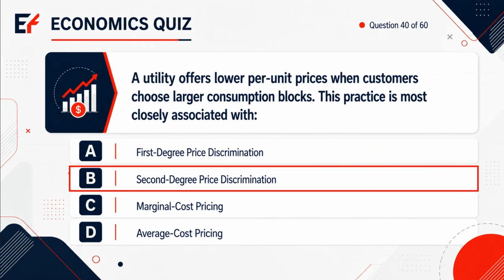Option A is incorrect because first-degree price discrimination charges each customer their individual maximum willingness to pay. Option C is incorrect because marginal cost pricing sets price according to the cost of producing one additional unit. Option D is incorrect because average cost pricing sets price based on the average cost per unit.